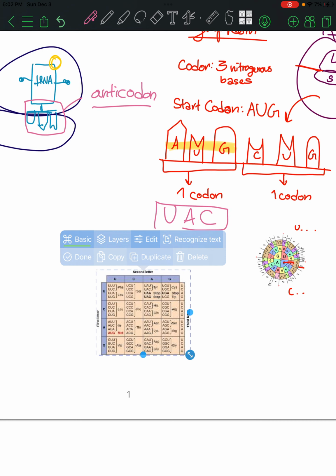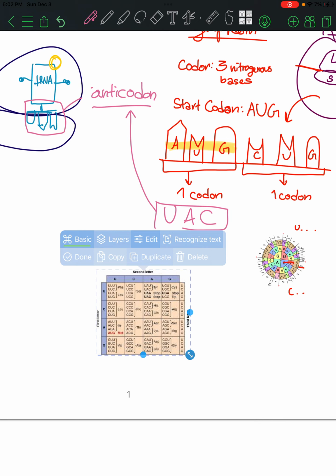That's our complement for AUG. And then that complement is considered our anticodon. Now, one tRNA equals one anticodon, and it will only correspond to one type of codon. So this tRNA only has one anticodon, and this anticodon will correspond to only one codon in the actual mRNA strand. So then it will connect with this codon.